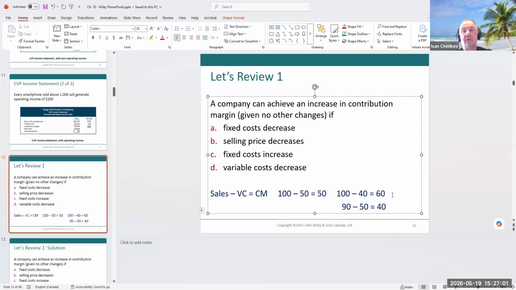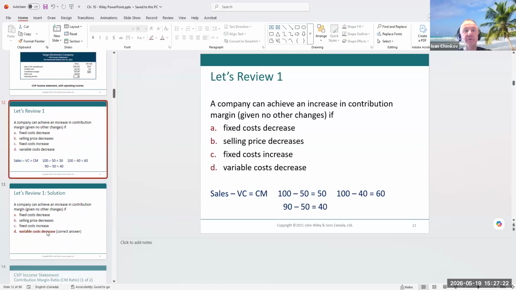It becomes 40. What's happened with the contribution margin? Did it increase or decrease? Obviously decreasing. So if I decrease the selling price, is that going to help me to achieve this? No. So that's how we should solve these problems.